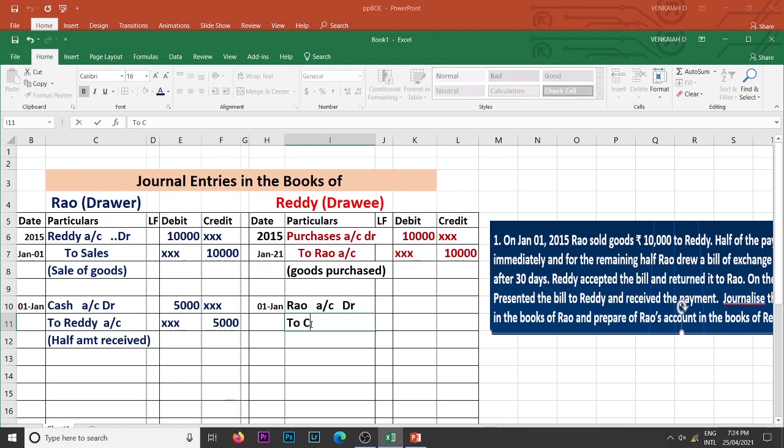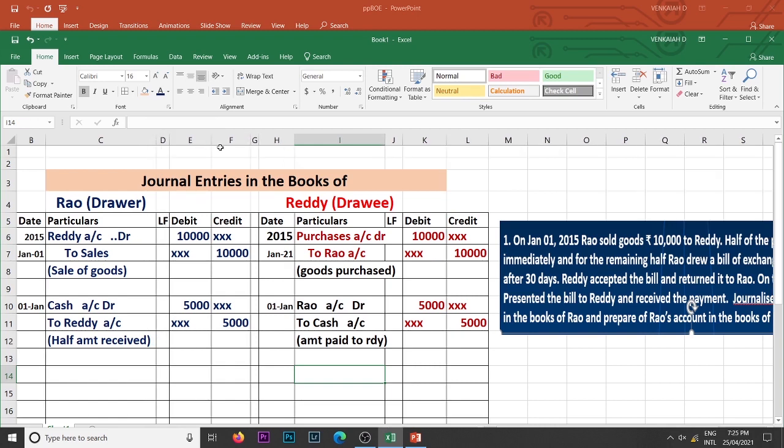What goes out, according to real account, is credited. Cash paid to Reddy.